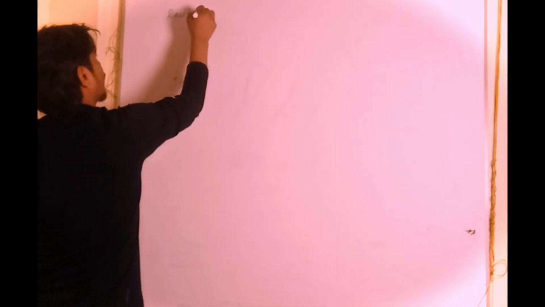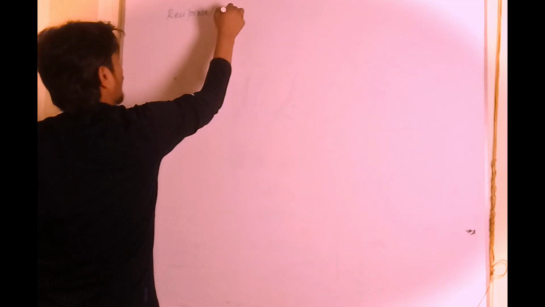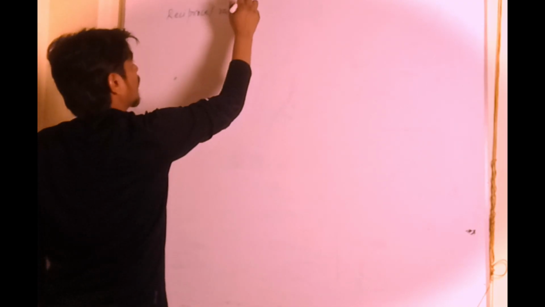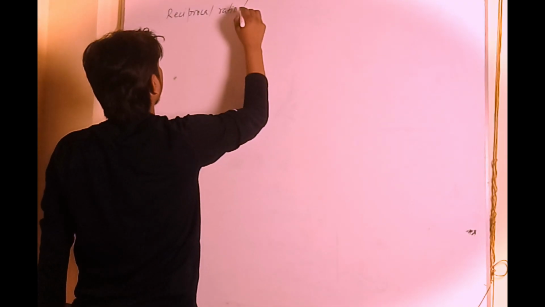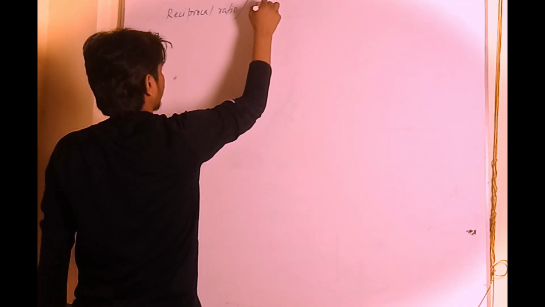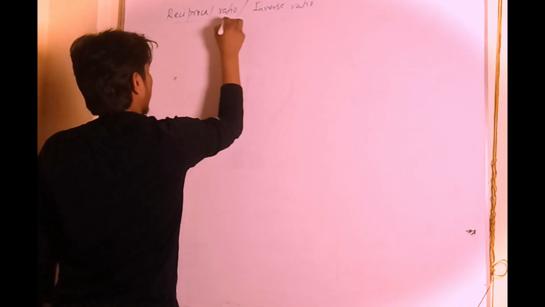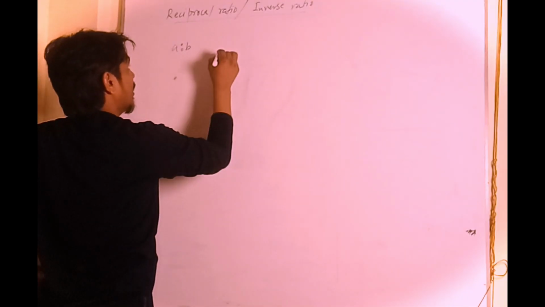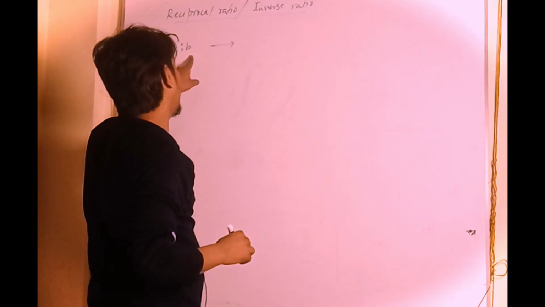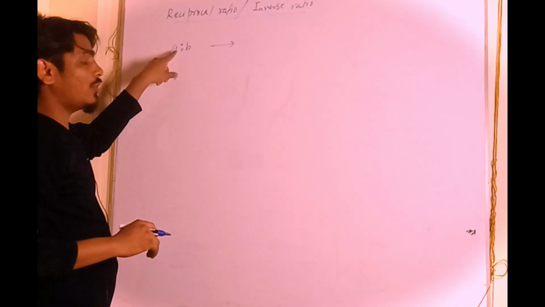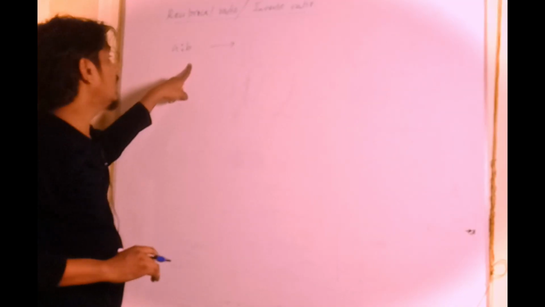Reciprocal ratio, or we call it inverse ratio. Let's say we are given a ratio A ratio B, then its reciprocal ratio is obtained by taking the reciprocal of both antecedent and consequent.